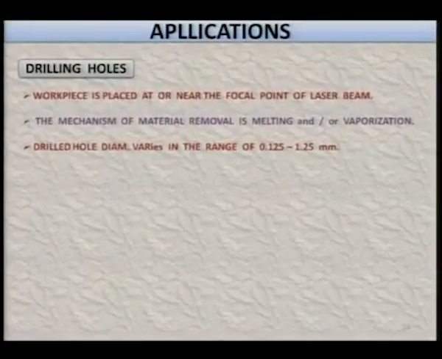Normally the largest diameter that one can obtain is around 1 millimeter or so. So, you can have the range of the drilled hole diameter as 0.125 to 1.25 millimeter.